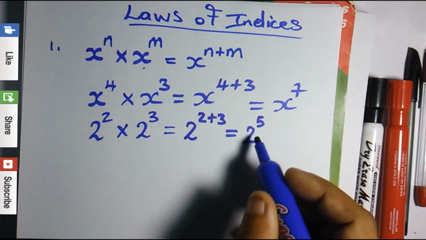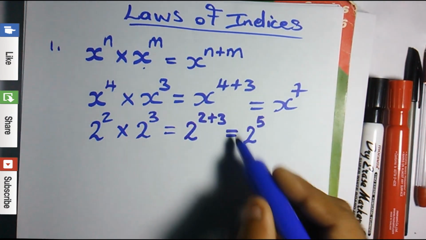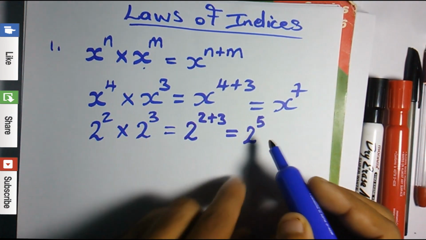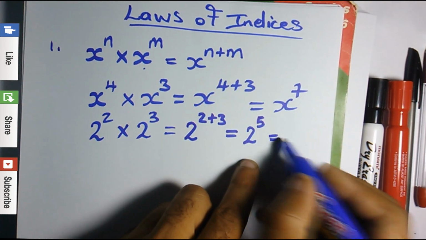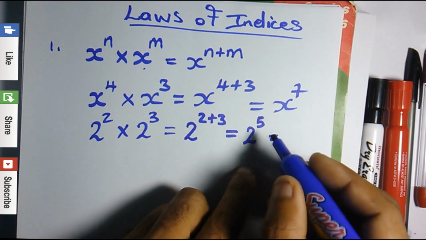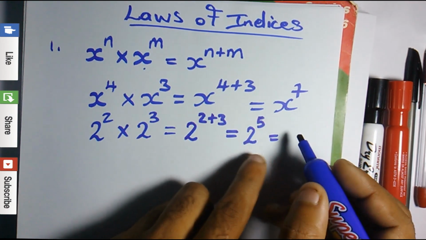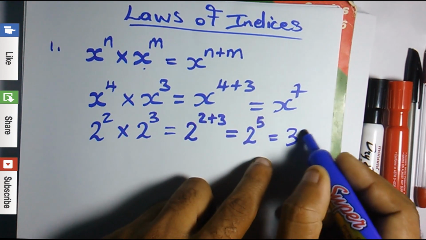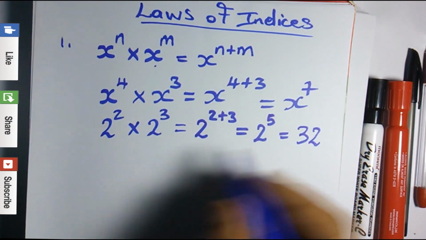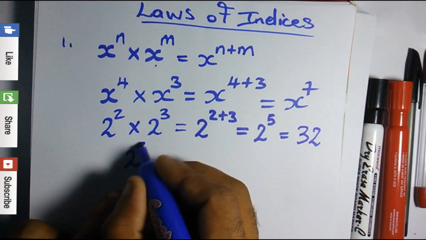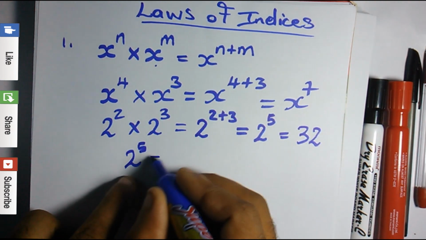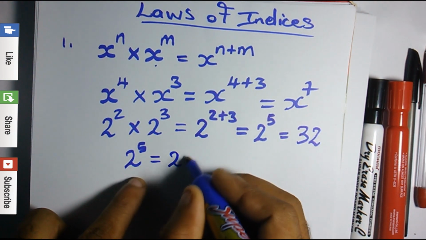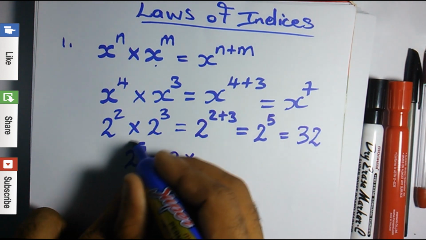Now if they want the answer in terms of the power, in exponential form, this would be the answer. Or if they wanted the exact answer, it would be 32. Meaning 2 to the 5th is not 5 times 2 or 2 times 5, but refers to 2 multiplying by itself 5 times.